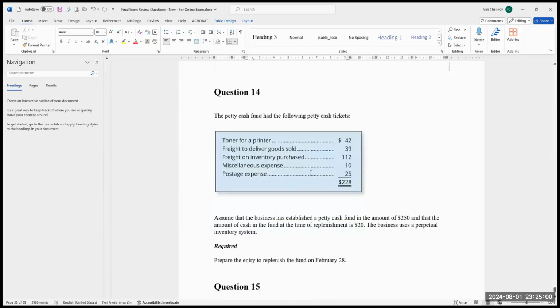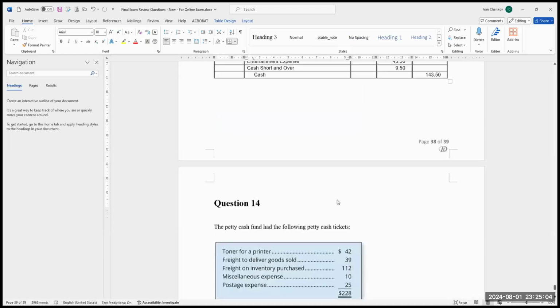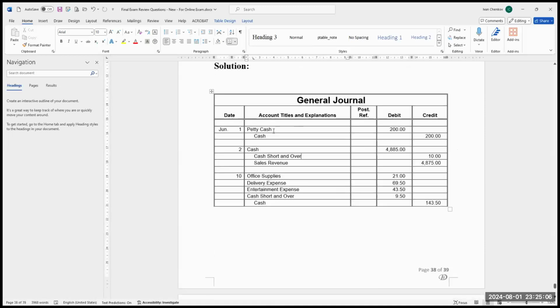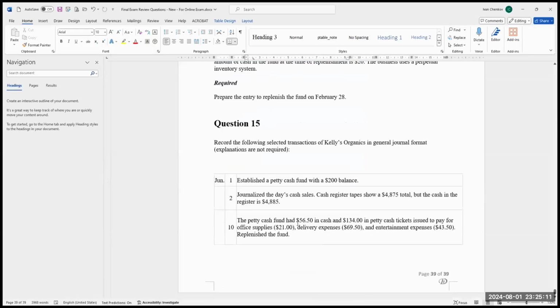Now, when you're working with the petty cash fund, which is already established to be $200 by debiting petty cash and crediting cash, you're going to see how much cash you spent. You spent 134 on the tickets, coming from $21 supplies, $69.50 delivery expenses, entertainment $43.50, that's $134.